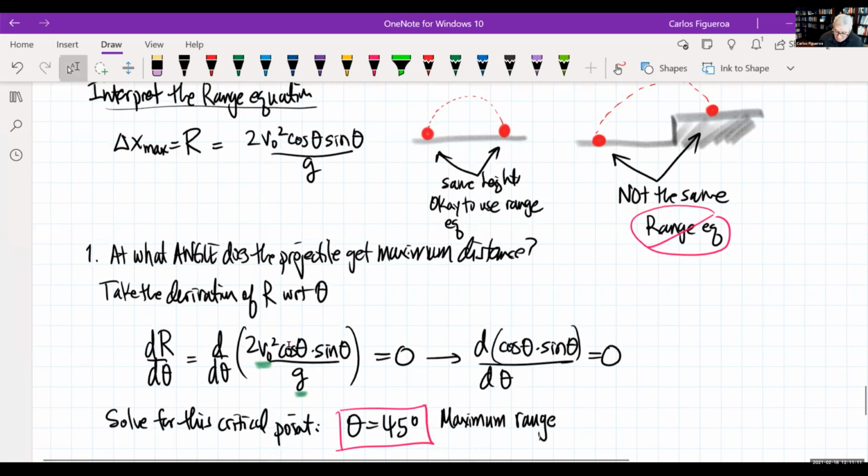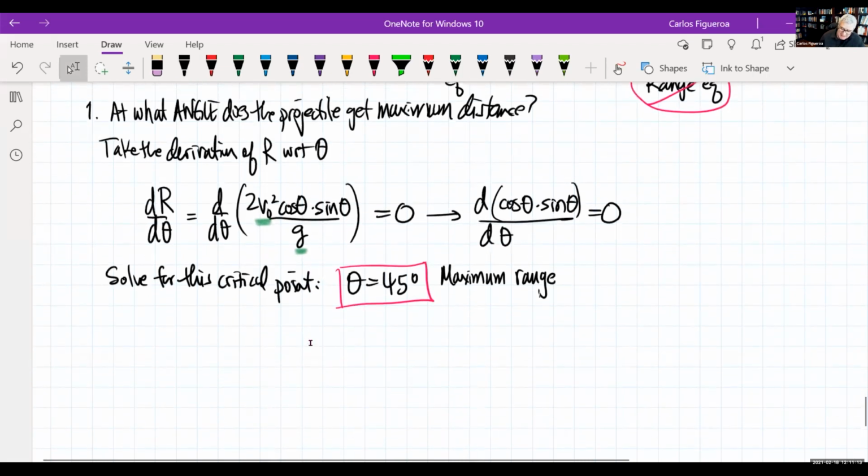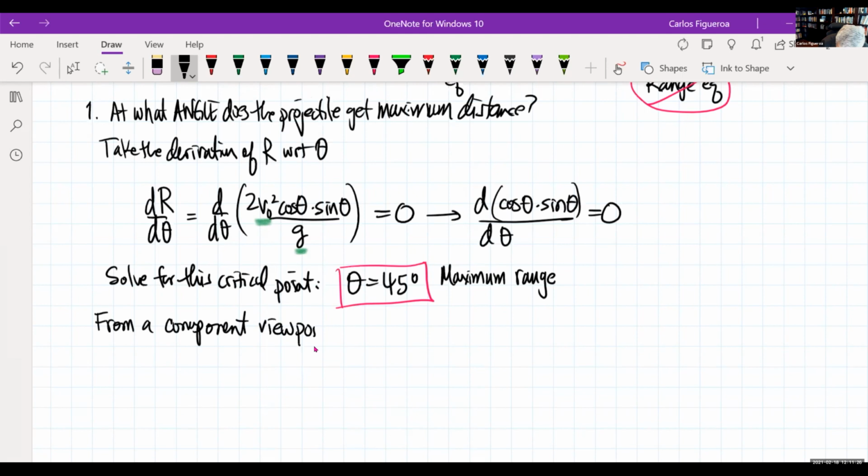What's special is that from a component viewpoint, 45 degrees essentially maximizes both components.